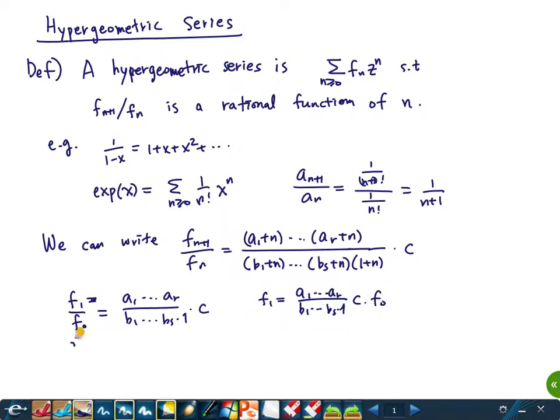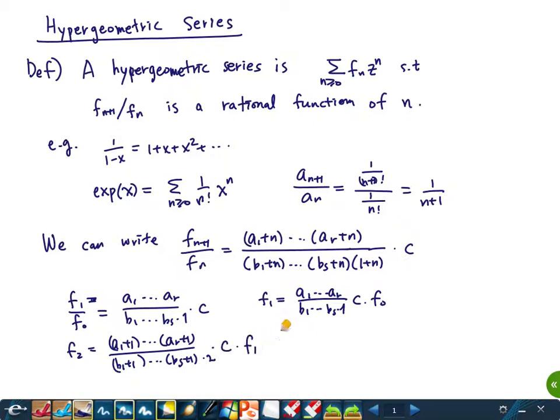What is f2? Similarly, it's a1 plus 1, up to ar plus 1, over b1 plus 1, up to bs plus 1, times 2 times c, times f1, etc.